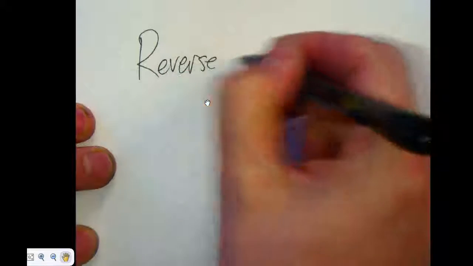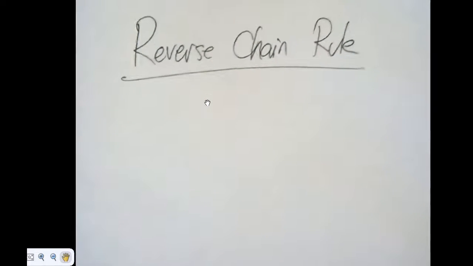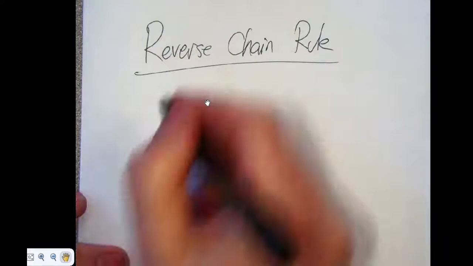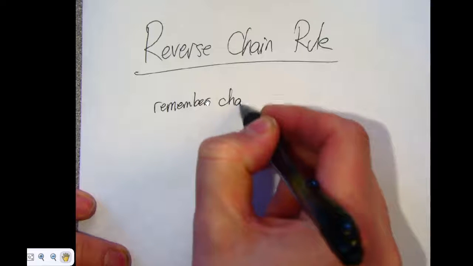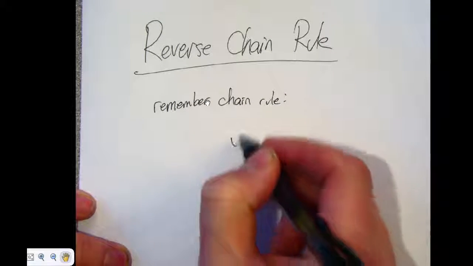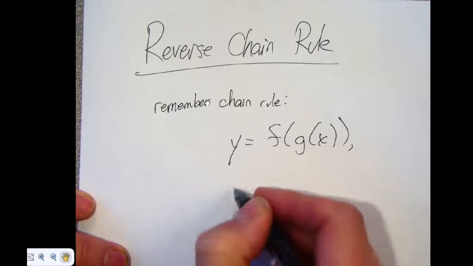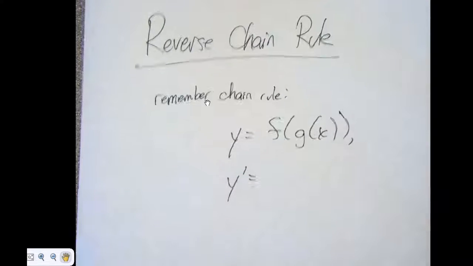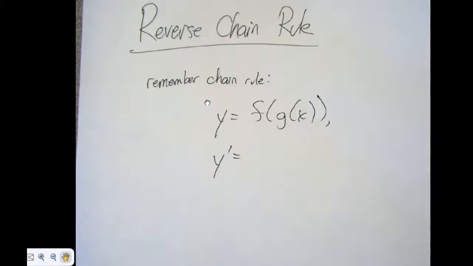Alright, so let's start off by saying reverse chain rule. Going back to chain rule, remember chain rule said if I have f of g of x, then what's the derivative?